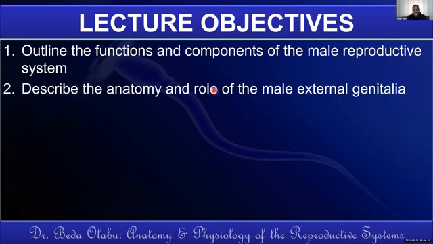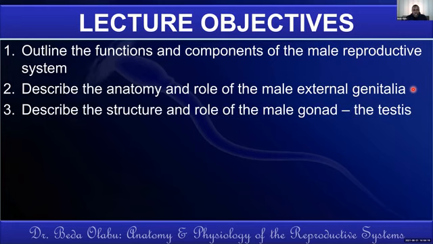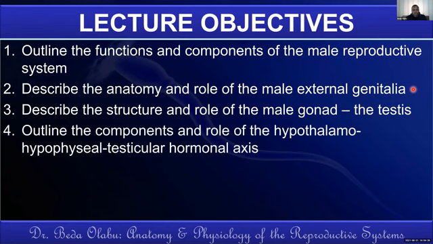We will then describe the anatomy and role of the male external genitalia. We will also describe the structure and role of the testis, which is the male gonad. We will, at that point, talk about the hormonal axis that controls male sexual function, and that is the hypothalamo-hypophyseal testicular hormonal axis.